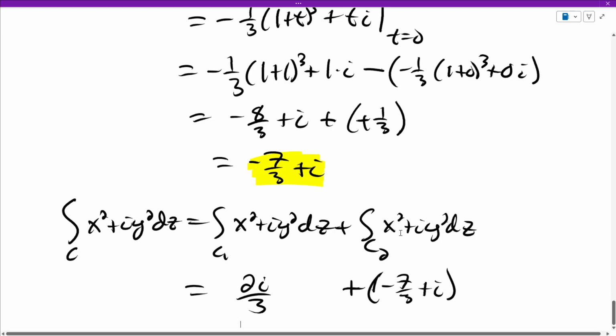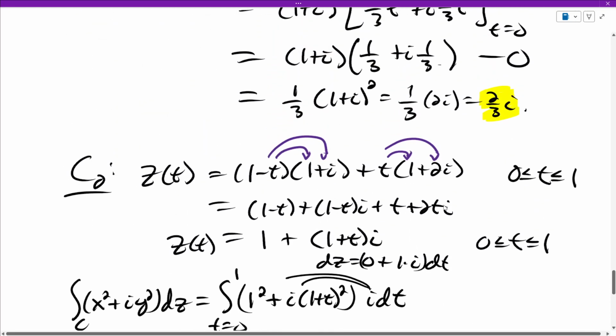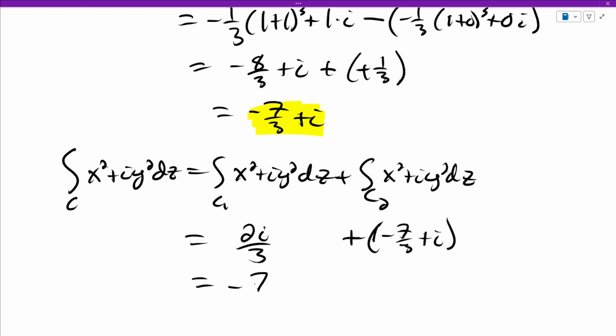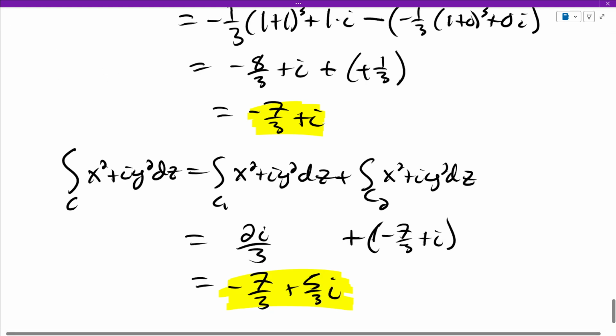Let me just go back up real quick though. Yeah, 2/3 I. So let's see, if we were to combine these, we get negative 7/3. We have 2/3 I we add, so I think that's 5/3 I. So I'm getting negative 7/3 plus 5/3 I for the value of the contour integral over this piecewise smooth curve.